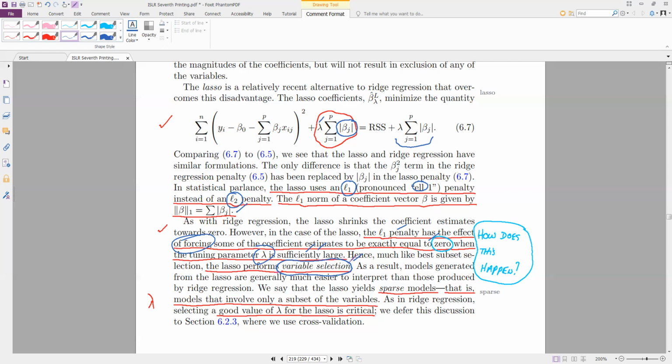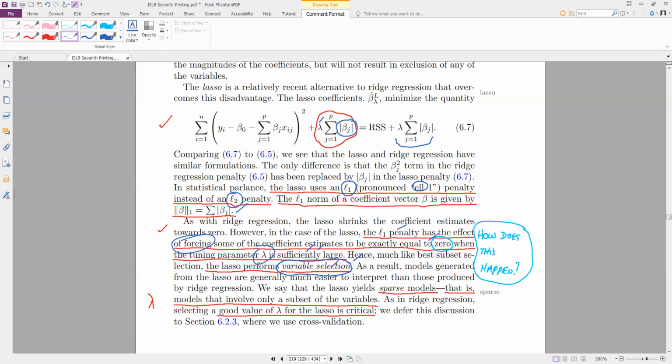Now, having said that, think about that for a second. Do you really care that much if a coefficient is near 0 or exactly equal to 0? Maybe not. Maybe in many contexts, you're fine with doing the ridge, even if you don't get exactly 0. That's still going to aid you in predictor selection.